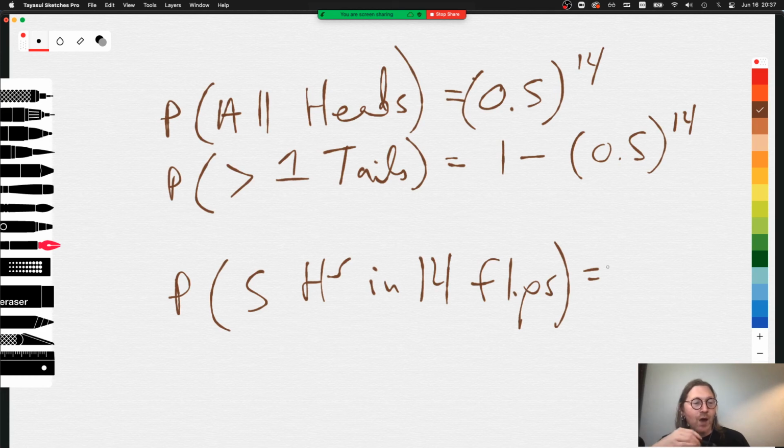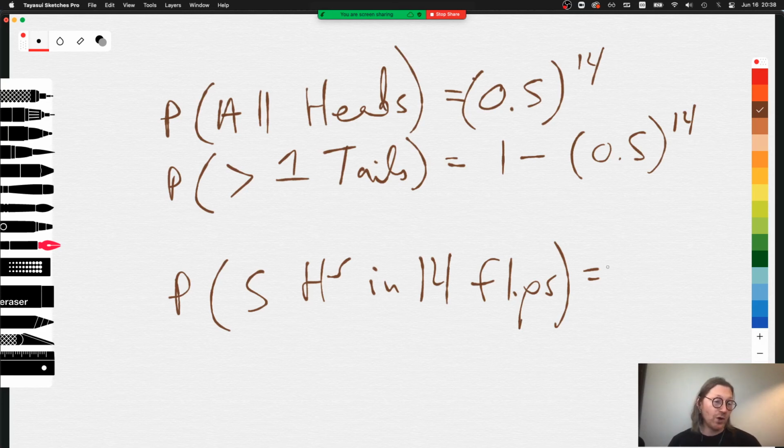We either need to determine all those different ways, count how many there are, and divide that by 2 to the 14th, or we need some other formula. Turns out there is a formula that'll answer that for us, for this type of problem. But of course, there are other types of problems, and they may require a more nuanced approach.